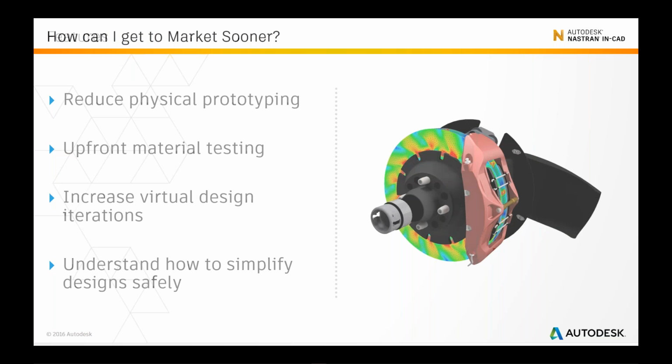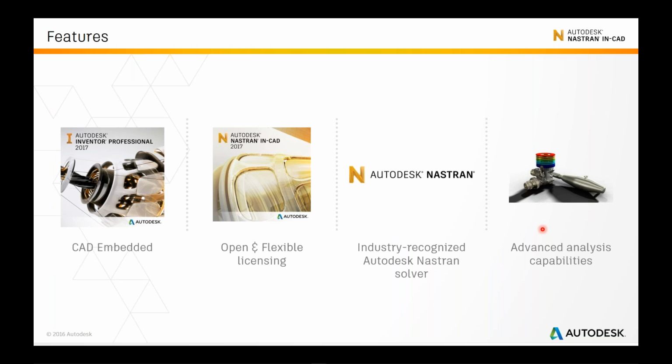So with this, I'd like to summarize my presentation before I go on to the case study. I talked a lot about Autodesk Nastran, the industry recognized Autodesk Nastran solver, powered with advanced analysis capabilities. None of them has been left, from the simple linear static to the most complex automated drop test, all can be performed using the Nastran in CAD solution.